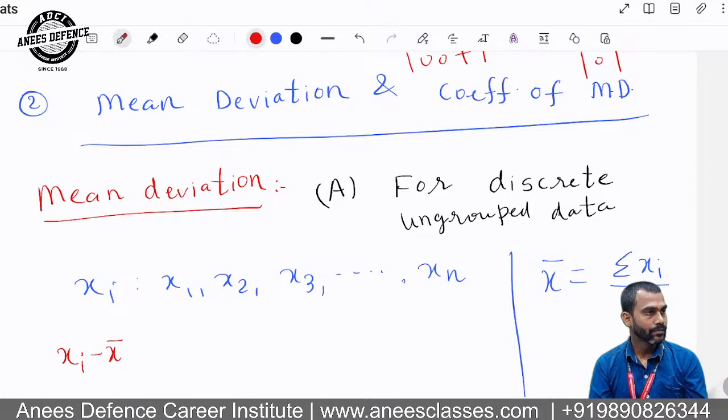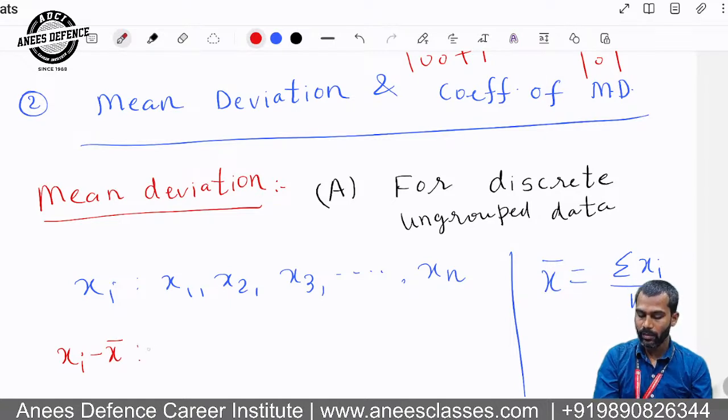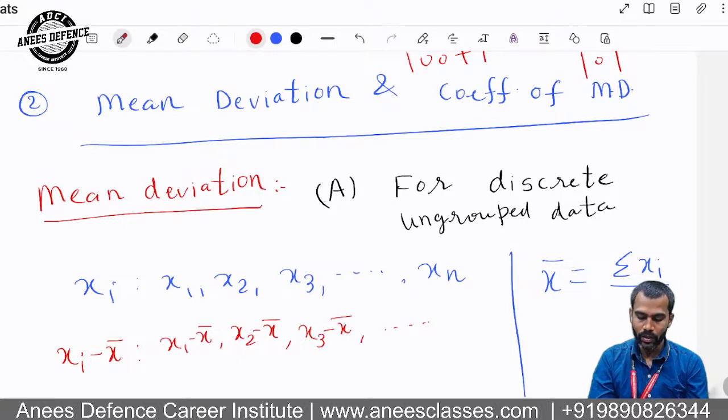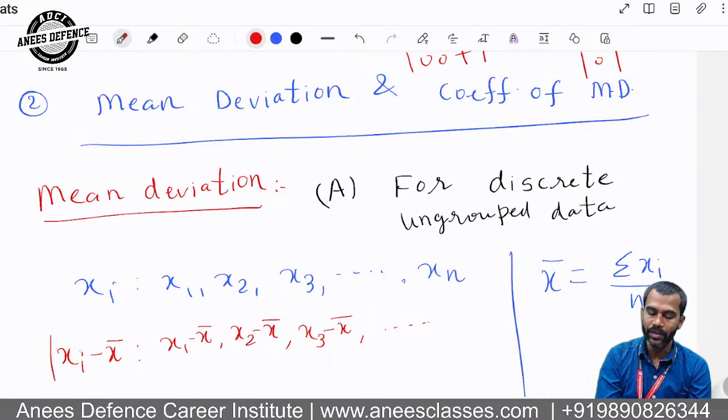What it means? Deviation of all the observations from mean. What is the meaning of deviation? Difference. So it will be something like this: x1 minus x bar, x2 minus x bar, x3 minus x bar. But you need to find out the difference, and difference can't be negative. So absolute deviation you need to find out. Are you getting my point?